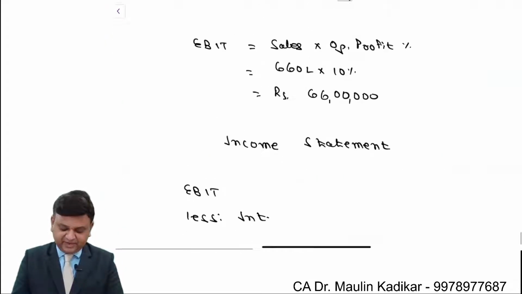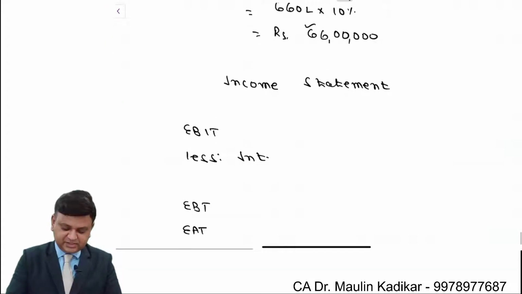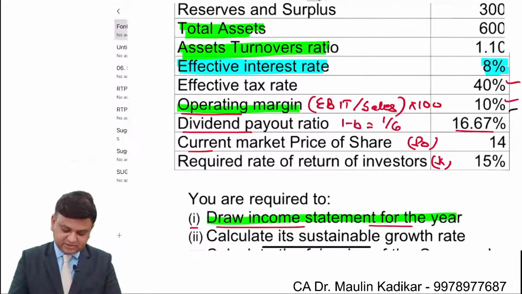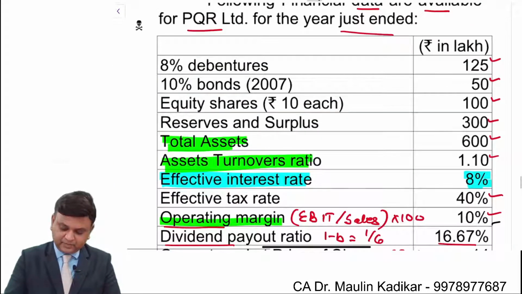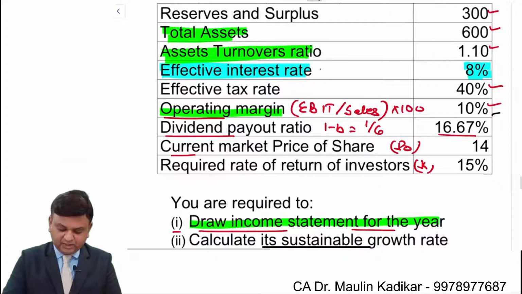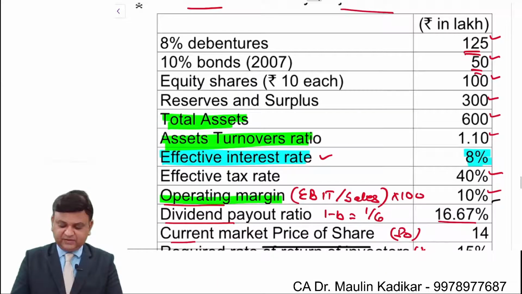So the EBIT value is given to us, an amount of 66 lakhs. The amount of the interest, it is 125 lakhs and 50 lakhs. Importantly, the information is given to us as effective rate of interest of 8%.